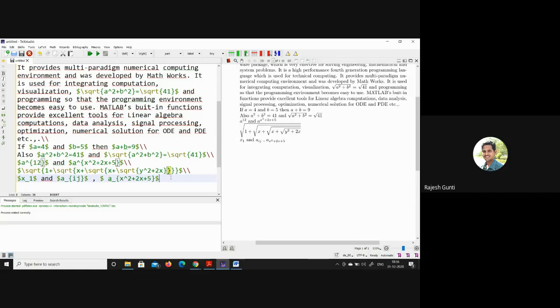Okay. Next thing. Now I want to give a by b. So a is there with me, b is there with me. A is equal to 4, b is equal to 5. I want to write a by b is equal to 4 by 5. If you give it like this, it will come. It's not a problem.